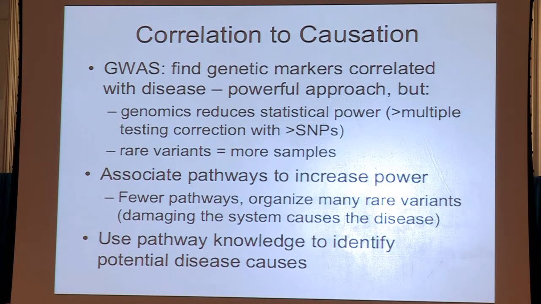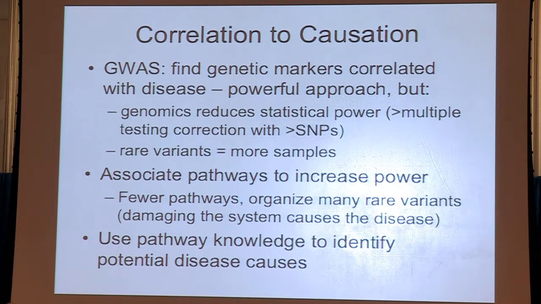It's a very powerful approach, and it's been used over many decades to find many of the disease genes that we know about. But there's a couple of problems with it that I think Steve mentioned yesterday: the more markers you look at, the more SNPs you look at, the more rare copy number mutations you look at, the more multiple testing correction reduces your statistical power.